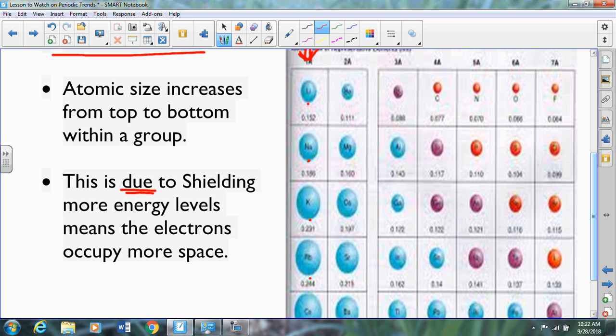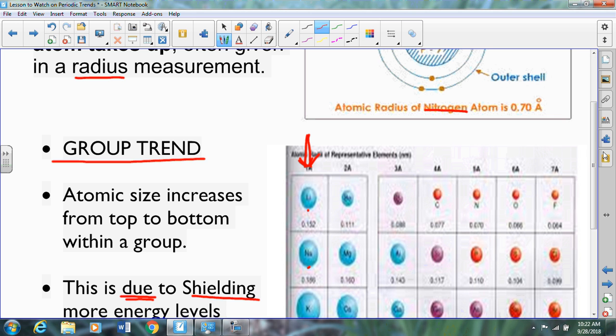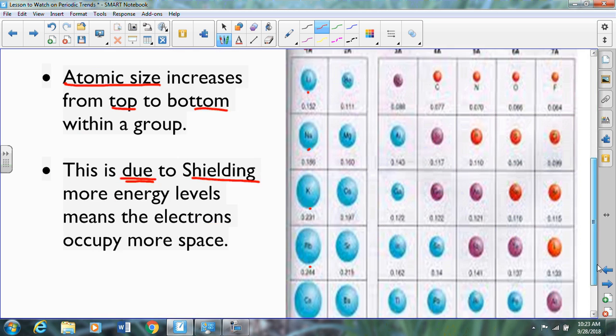And this is just a reminder that shielding means more energy levels. It means the electrons take up more space. So in your notes, you should say that the group trend for size is that it increases from top to bottom, and it's because there are more energy levels and more shielding. You can pause anytime and go back.